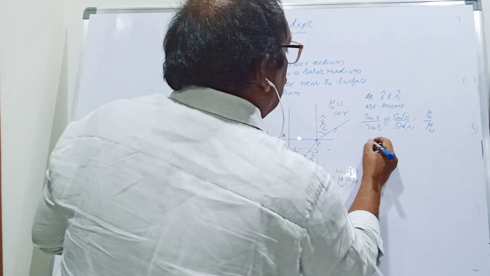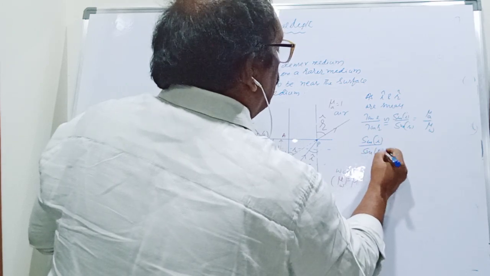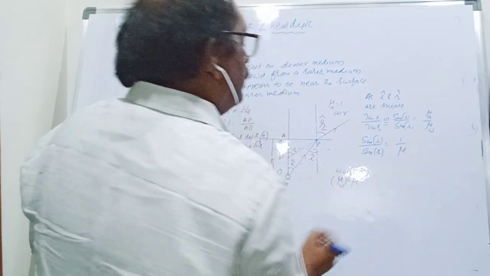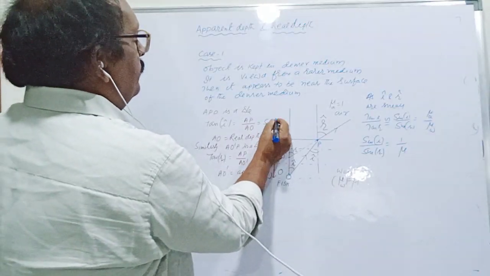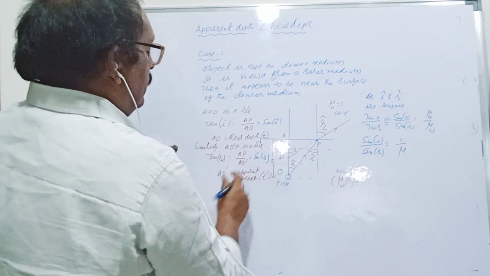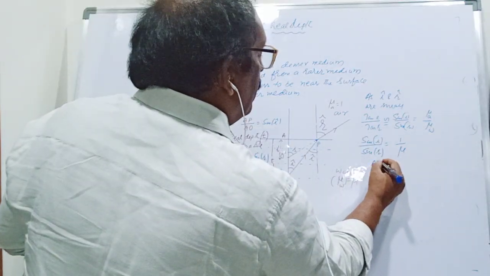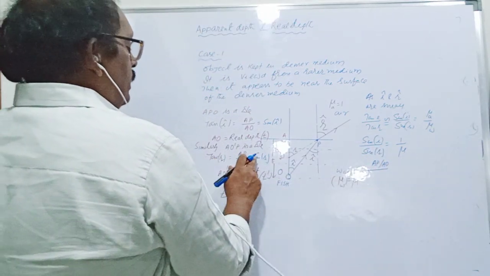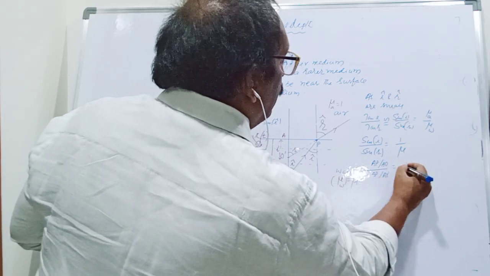That is sin I by sin R, equal to refractive index of air, 1, by refractive index of water, mu. So sin I is AP by AO, divided by sin R, which is AP by AO prime, equals 1 by mu.